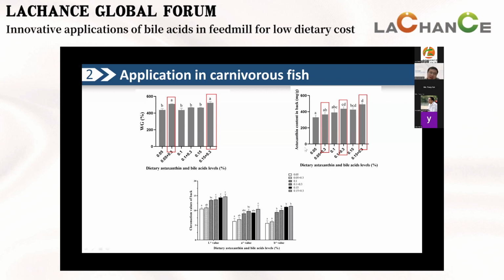And here is the astaxanthin content in the fish, and we can see that it's similar to the weight gain. The addition of the bile acids would increase the astaxanthin content in the back of the fish. So it's very important, and it's a very interesting experiment.